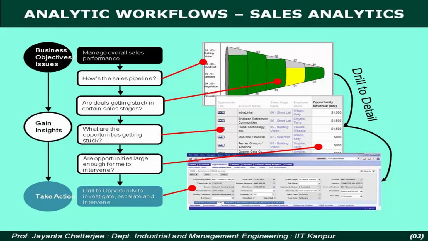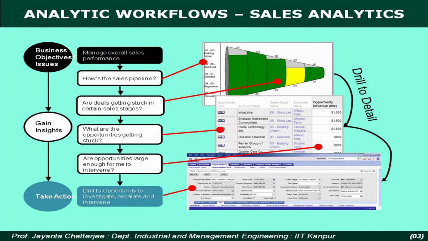In reality, these are actually taken from salesforce.com. The screens will be looking like this. This is an actual depiction of the sales pipeline. As you can see, the greens are higher potential, high probability, and the blue is not.